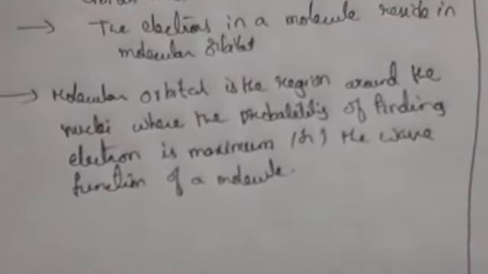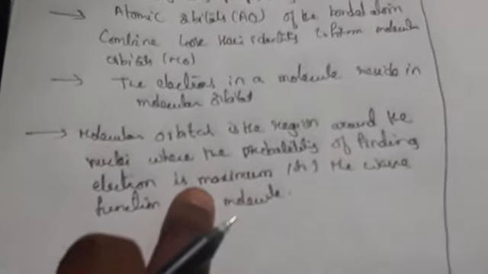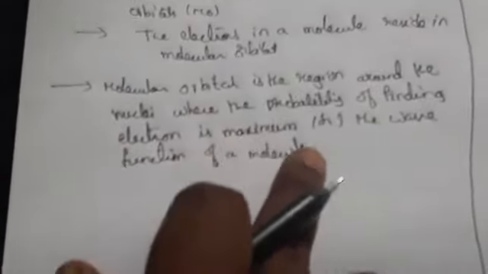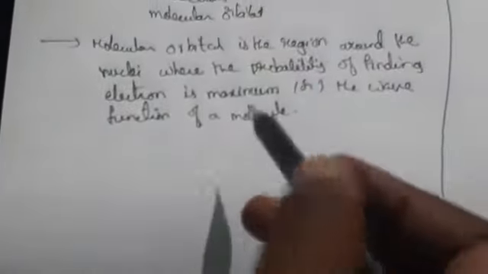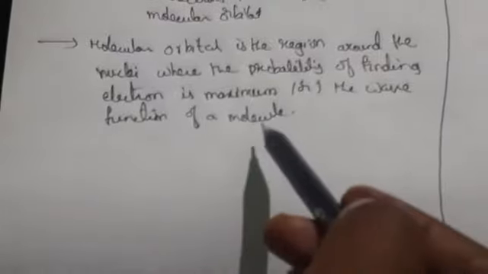So this is nothing but molecular orbital theory. Molecular orbital is the region around the nuclei. Whenever you are around the nuclei, finding electrons is maximum.